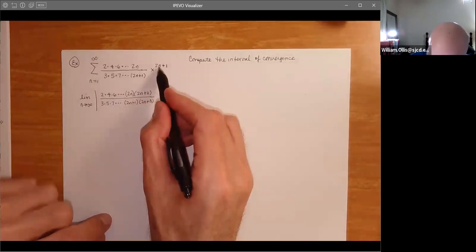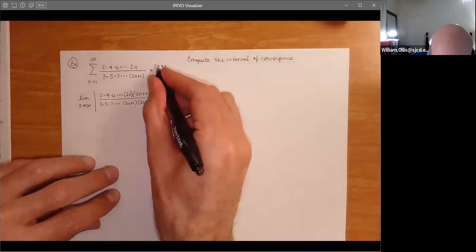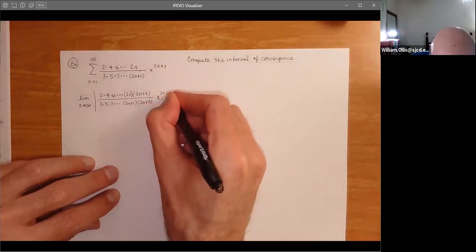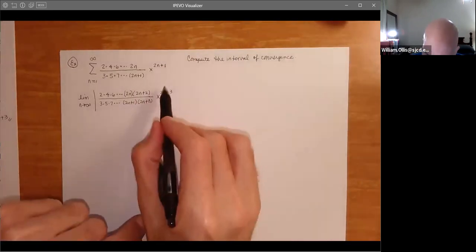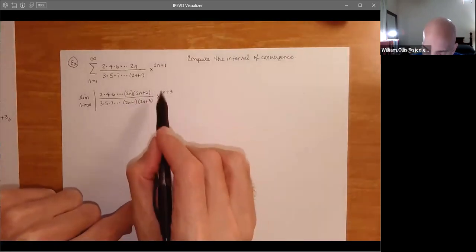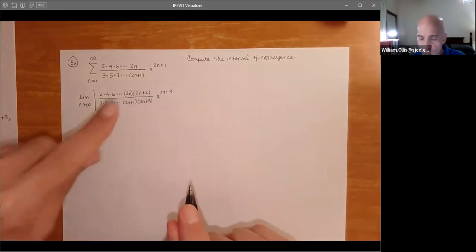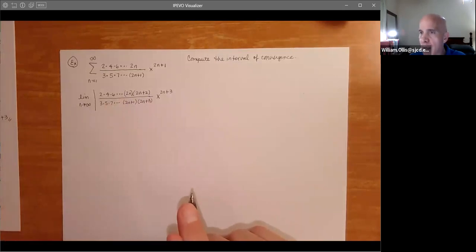And now up here we do the same thing. We have x, replace n with n plus 1. So that gives us 2n plus 3. So when you do these problems, you do have to be careful with the powers. And this is why I tend to focus more on the ratio test here, just so that this doesn't slip.